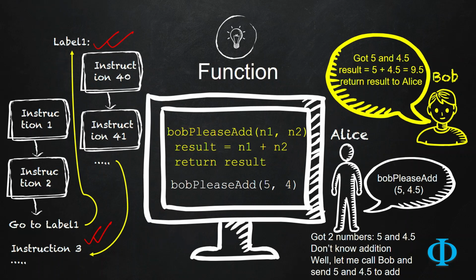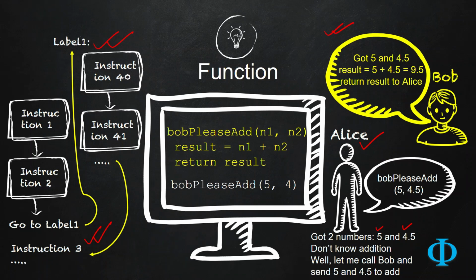For easy understanding, you can think of this real world scenario on the right hand side of the slide. Let's say you are Alice and for some reason you got two numbers, 5 and 4.5, to add.